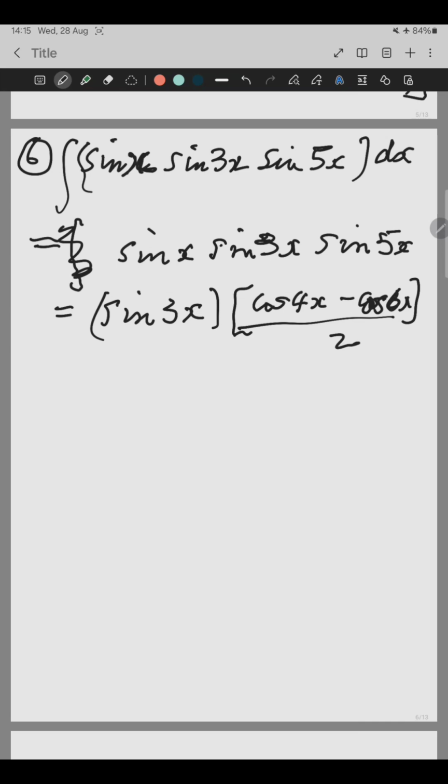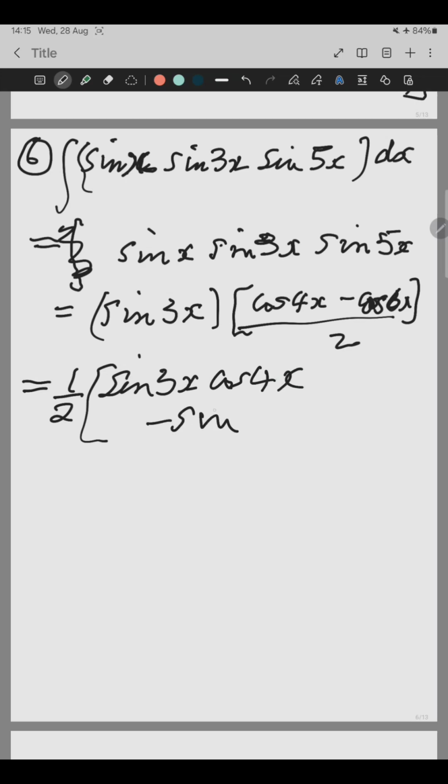Okay, so that then becomes 1/2 sin 3x cos 4x minus sin 3x cos 6x.